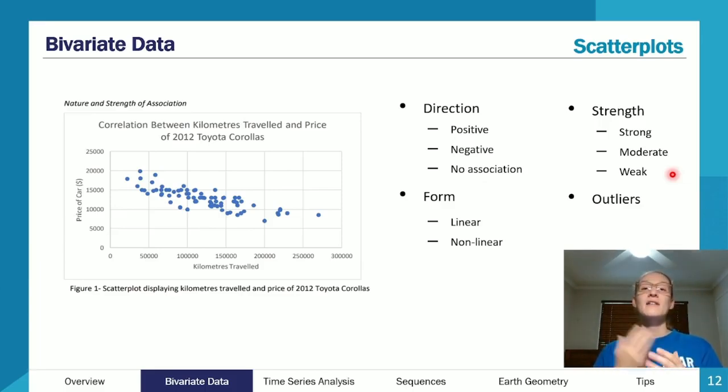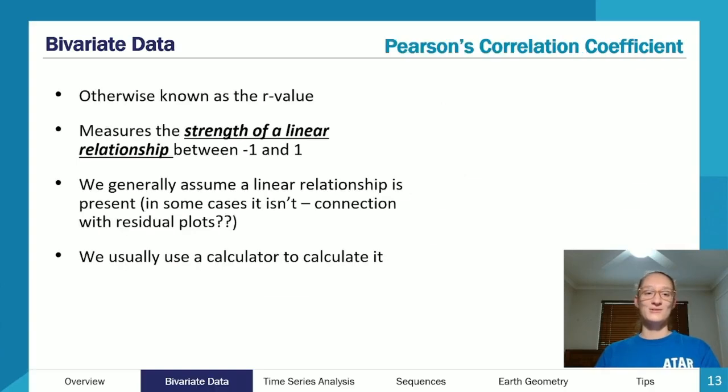And again, the R value is only appropriate if it is linear data, and because this does appear linear, I would definitely be able to calculate a Pearson's correlation coefficient. Well, only definitely if I'd first also constructed a residual plot to prove that it was linear, and then I'd be able to calculate my R value to determine that mathematical strength. So there are some interesting connections for you as well.